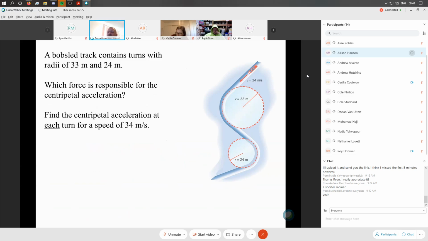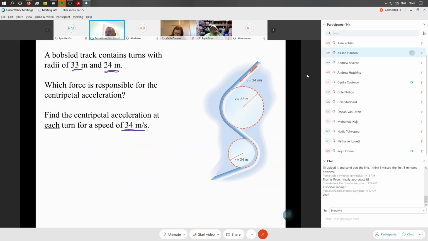Okay, well, here's the idea. You have these bobsledders, they're coming through this icy ditch, this tube, and they have to lean to make this turn, and the turns can be at different radii. I'm going to say that they're going at constant speed, so that the speed in both turns is 34 meters per second, but the first turn has a radius of 33 meters, the second turn has a radius of 24 meters.